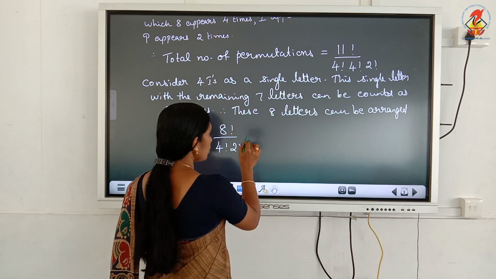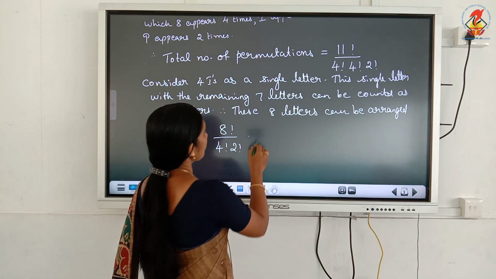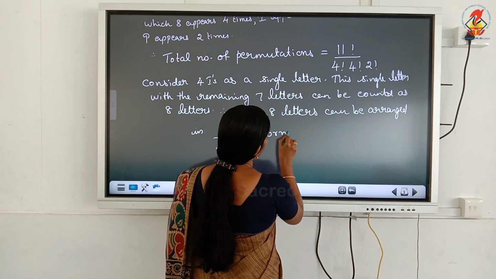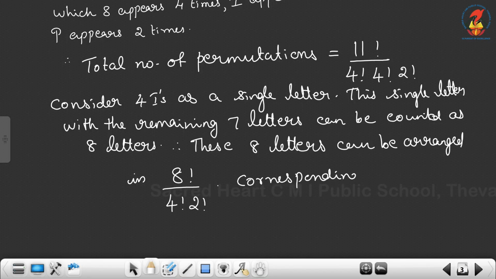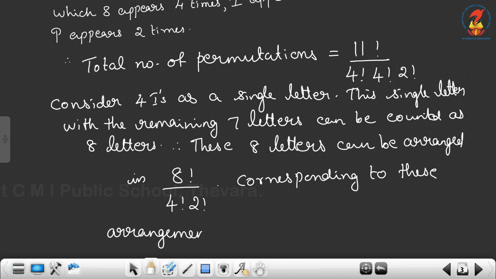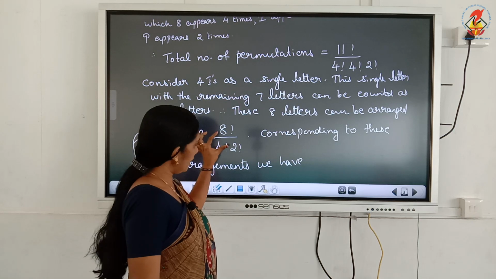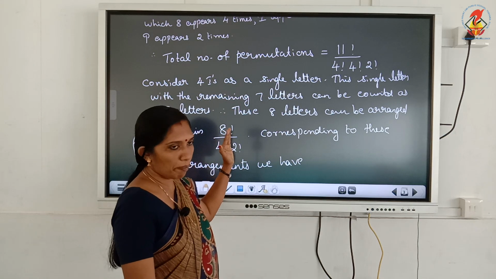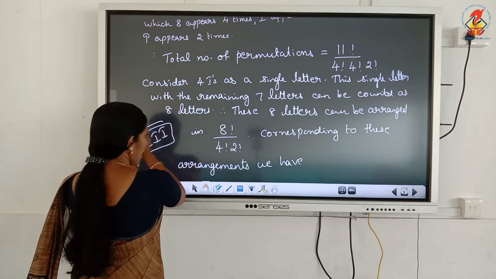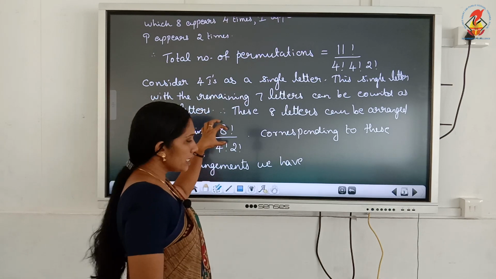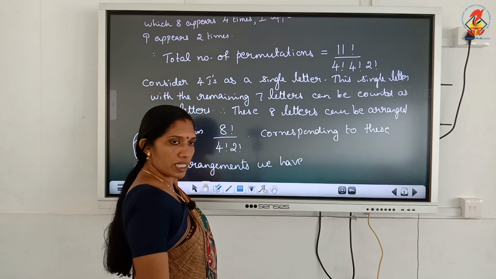Then corresponding to these arrangements we have now 4 I's as a single unit. Okay, that's why we don't count that I here. Here we just consider S and P only. I as a single unit. But together with this arrangement, now we have to consider about I.